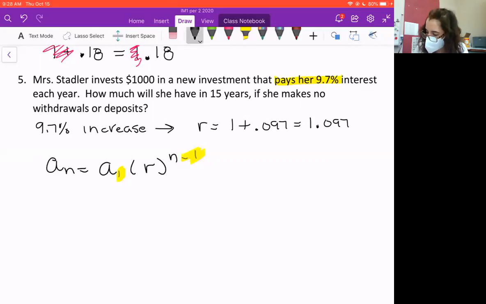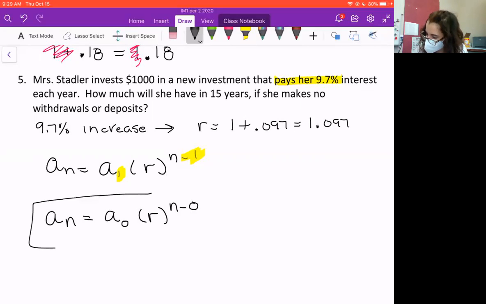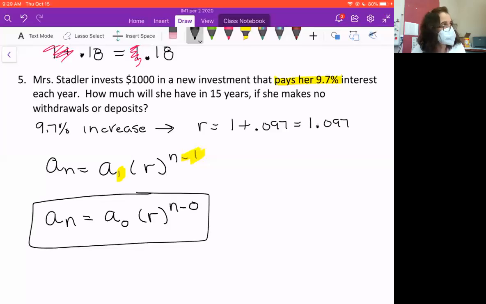So if that is the case, I could do this. I could put a sub 0 in the front, r, and then here I would have n minus 0. Either one of these formulas will work. The advantage to this one has to do with the 1,000.